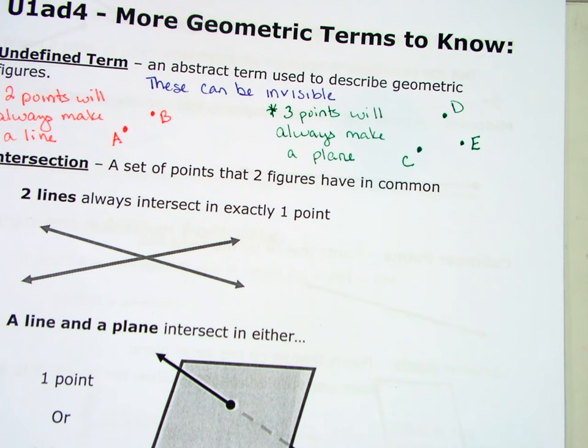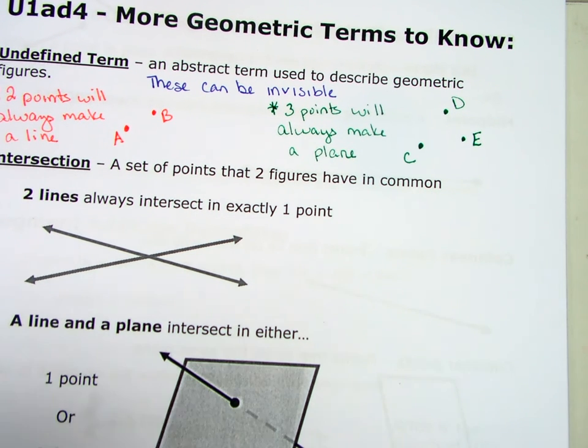Yes. Okay, so no matter where the 3 points are. What if I don't tell you where the points are? What if I just say, is there a plane that connects points E, F, and G? Yes. Yes. It doesn't matter where they are, there is a plane that will connect them. Okay, so if I give you 3 points, your answer is always yes. If I give you 4, then you need to know more information, right?